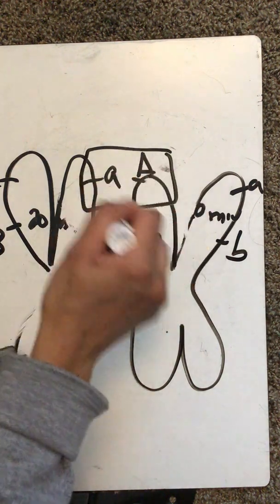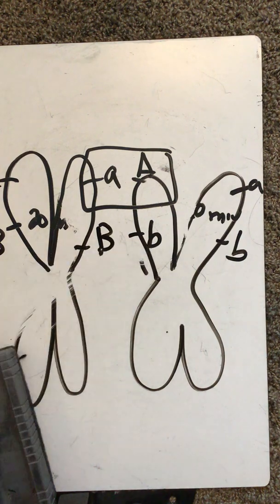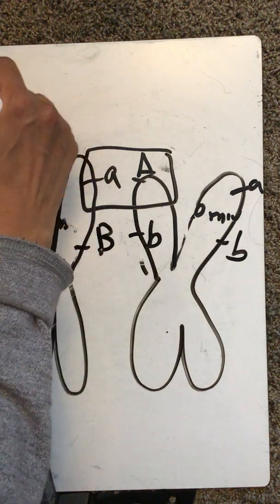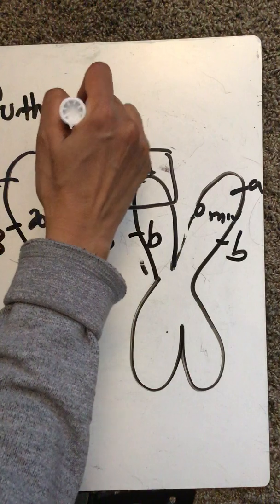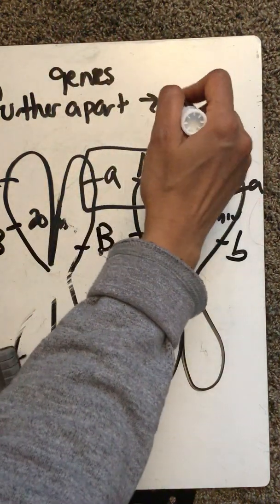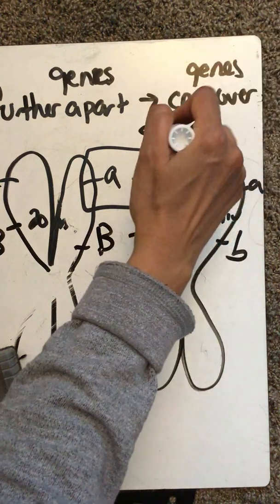Do you see that only these two chromosomes crossed over? Because only this region crossed over, but here nothing happened, it stayed the same. And that's because when genes are further apart, the genes cross over separately.